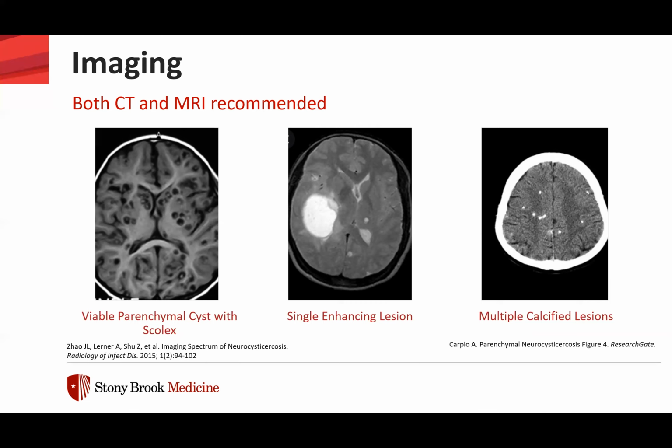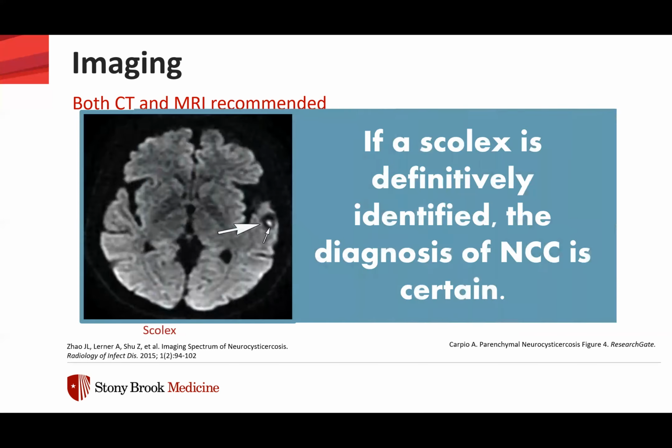So treatment here is going to be indicated, and it is going to be different than when we're comparing it to the MRI scan in the middle of a single enhancing lesion. And on the right-hand side is a CT scan where we're seeing those multiple calcified lesions. But in general, if a scolex is definitively identified, the diagnosis of NCC is certain. So imaging is considered the gold standard when we're thinking about how to diagnose these patients.